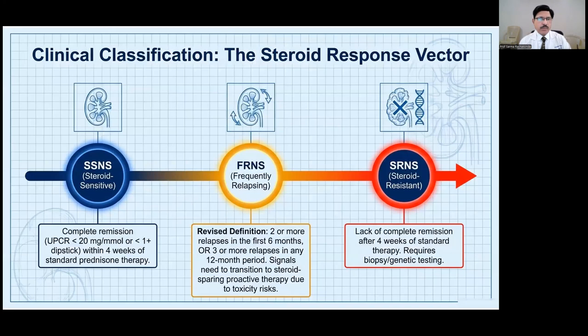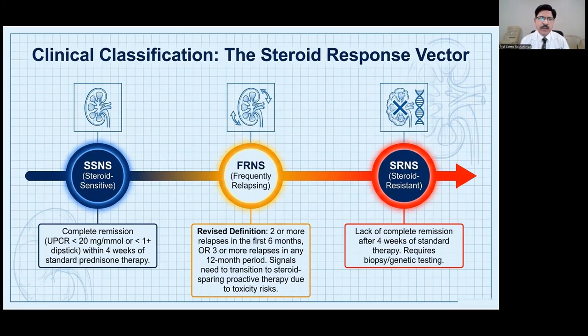Now, as far as classification is concerned, we use steroid responsiveness as one variable. First, SSNS, steroid sensitive nephrotic syndrome. Second, frequently relapsing nephrotic syndrome, FRNS. And lastly, SRNS, steroid resistant nephrotic syndrome.